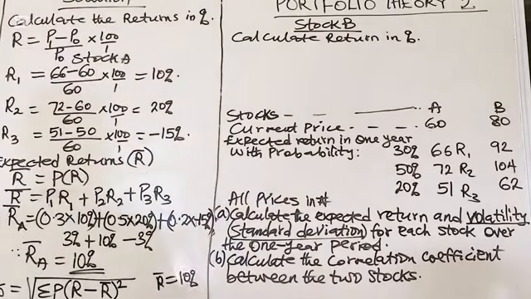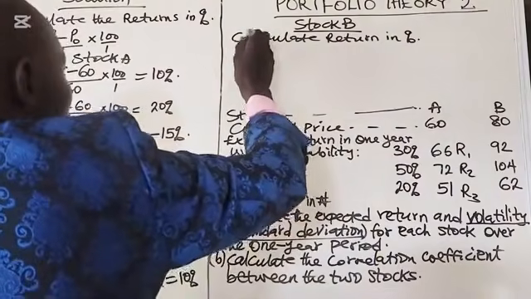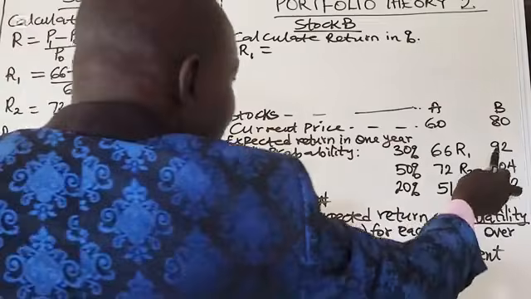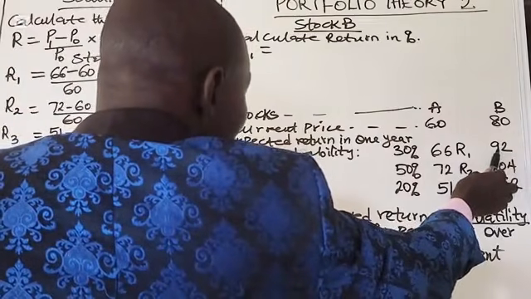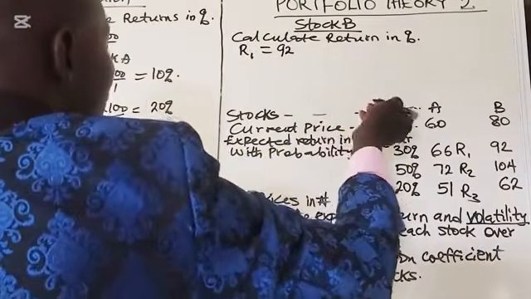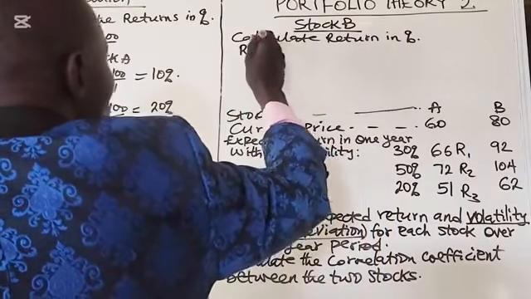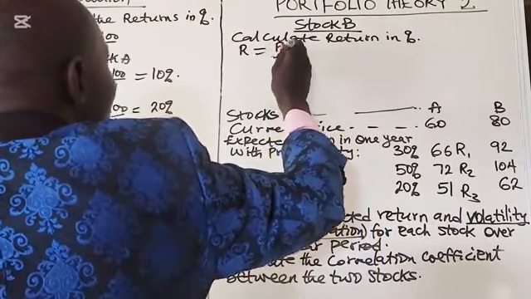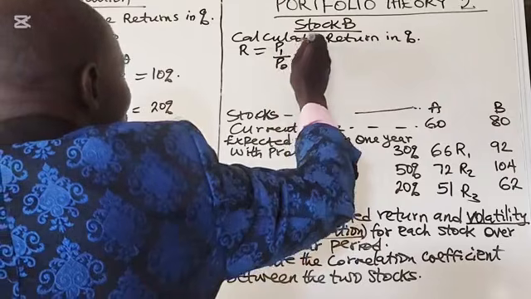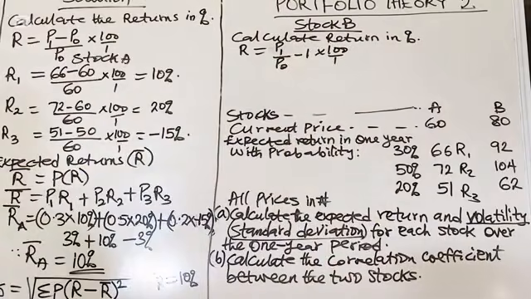Return of stock B. Using the same formula, we have return 1, where the future price is 92 minus current price. Or let me use the second formula: returns equals P1 over P0 minus 1, times 100 over 1. So you may use this second formula. If you use the first formula, you will still get the same thing.